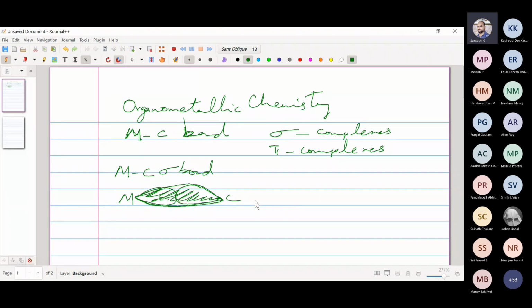In that sense, it is very similar to a carbon hydrogen covalent bond. Very similar. The only difference being that it is the metal orbital which is forming the bond and not the hydrogen orbital. That's the only difference. Okay.